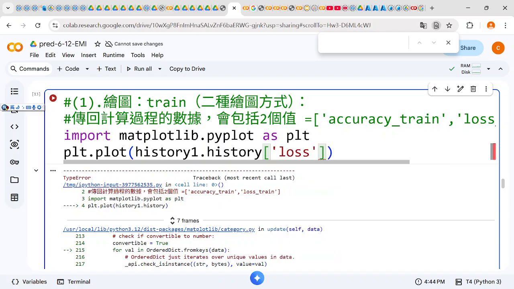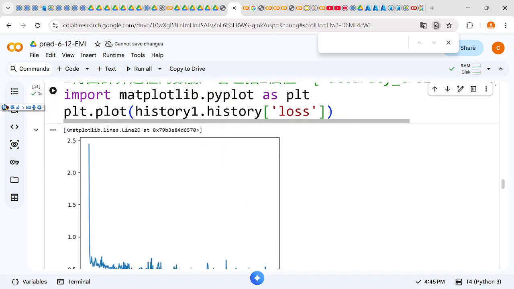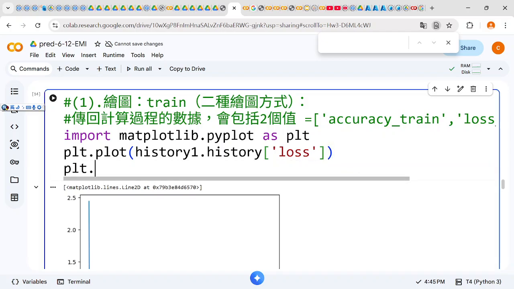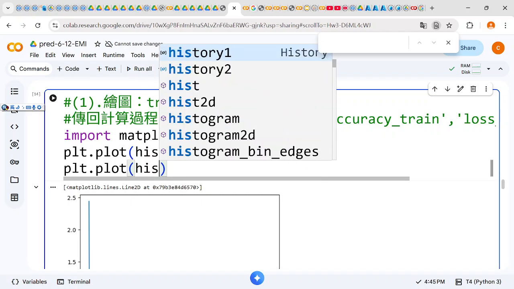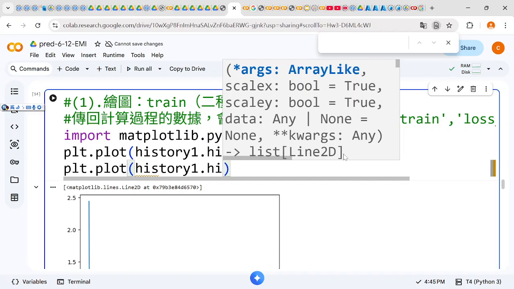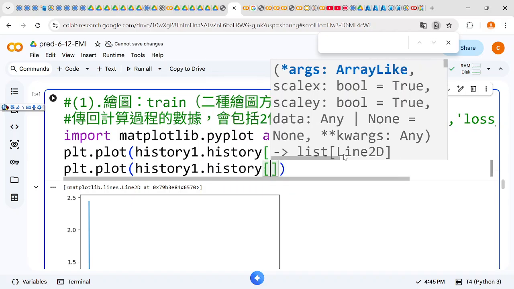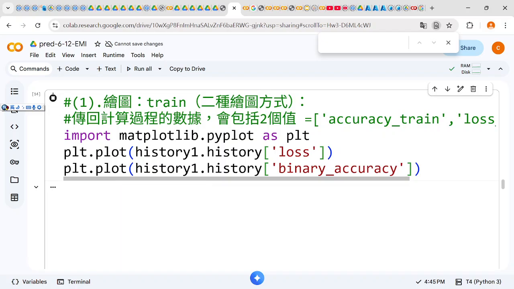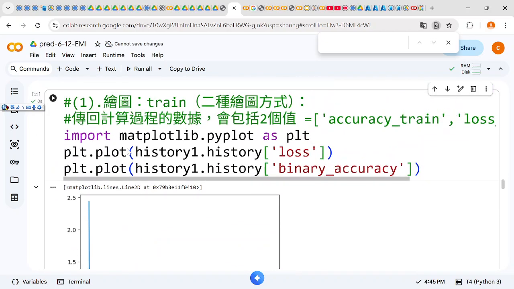Okay, I draw the loss. If I want to draw the other plot, that is the historical history, which is a dictionary. Draw the binary accuracy, this is the other one.